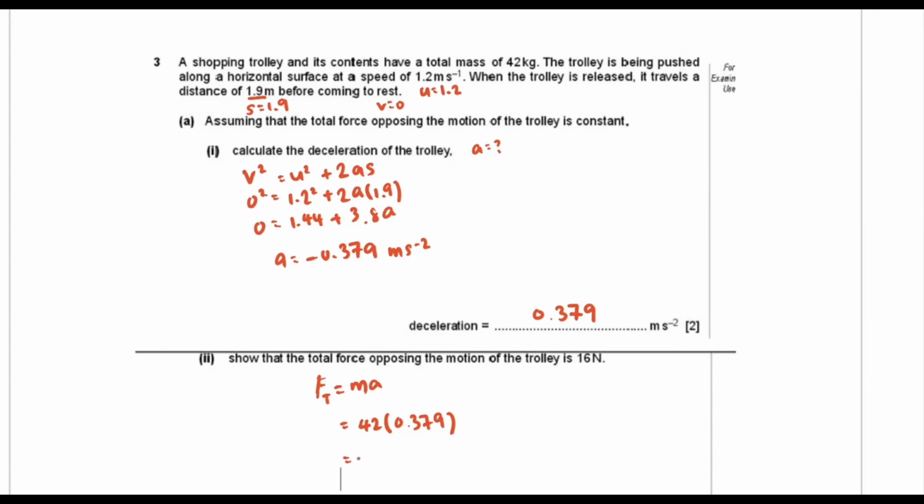Then we get 15.9, so we round off to 16 Newton. Teacher, if they say the opposing force is constant, does that mean that the deceleration is constant? Yes, they are related straight away. If it's constant, then this will be constant.